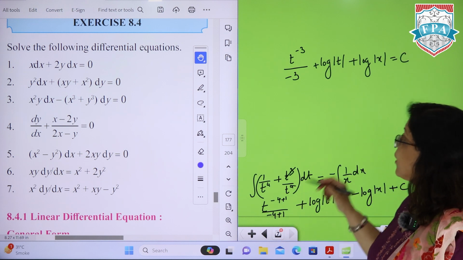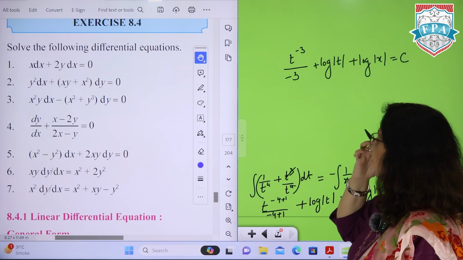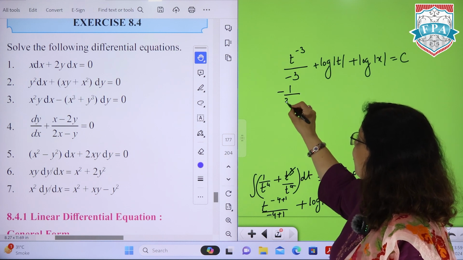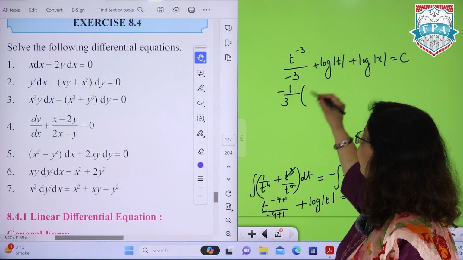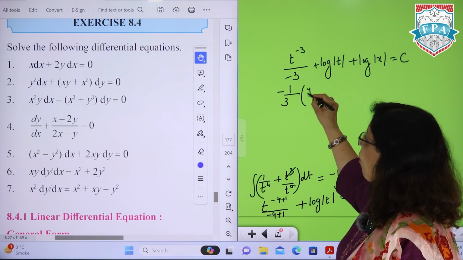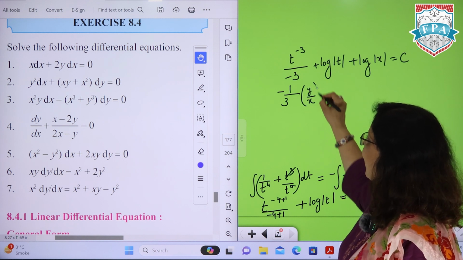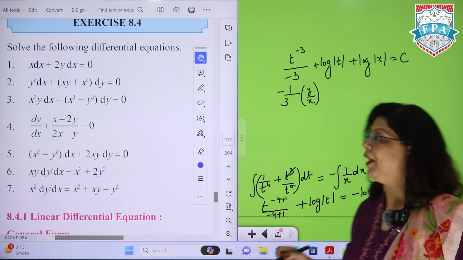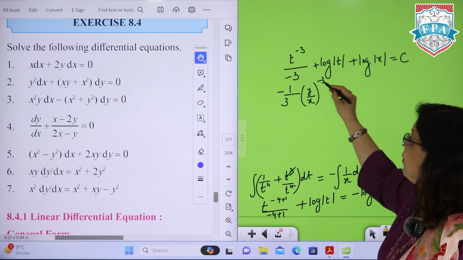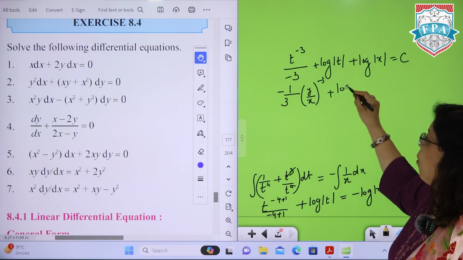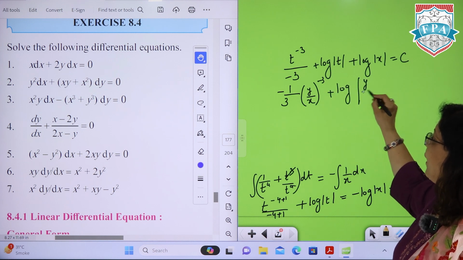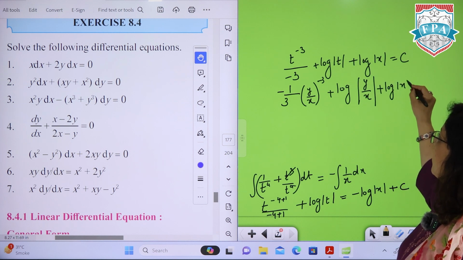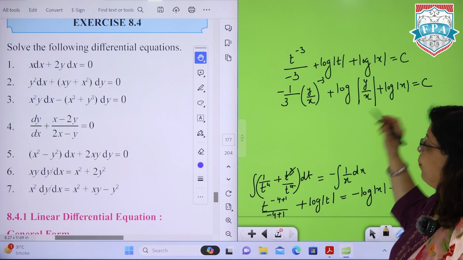Now when we resubstitute the value of t, it becomes minus 1 over 3, minus 3 है यहाँ पे, t is y by x. Because y is equal to xt, so t is y by x to the power of minus 3 plus log, again y by x plus log x is equal to c.